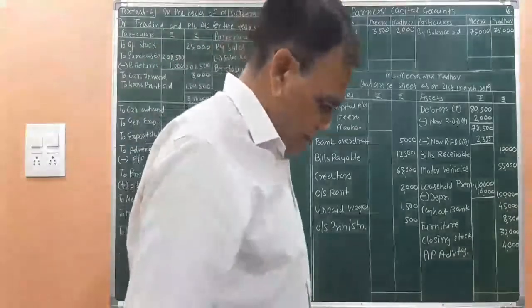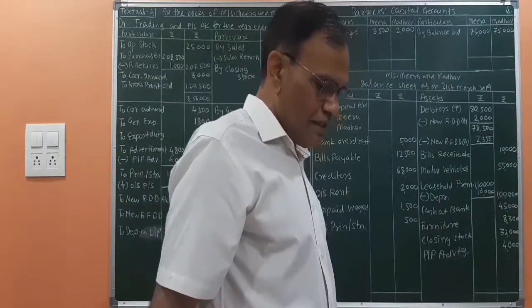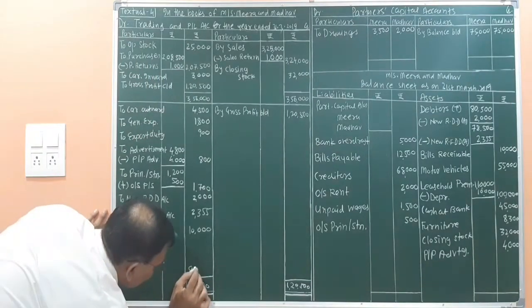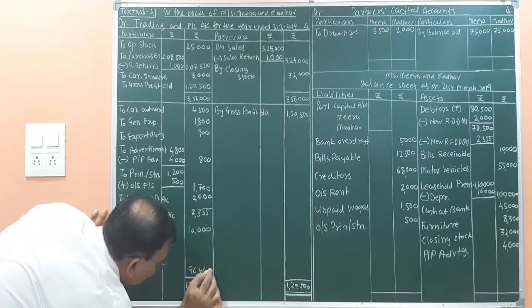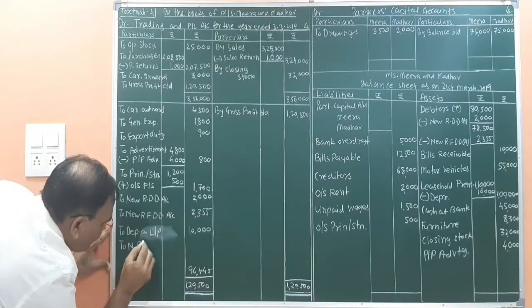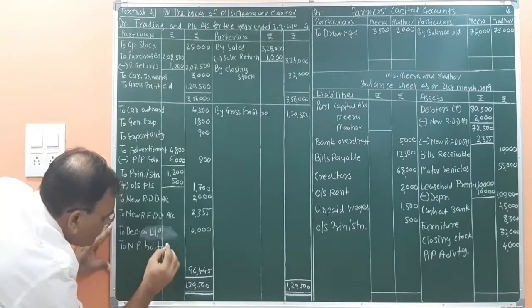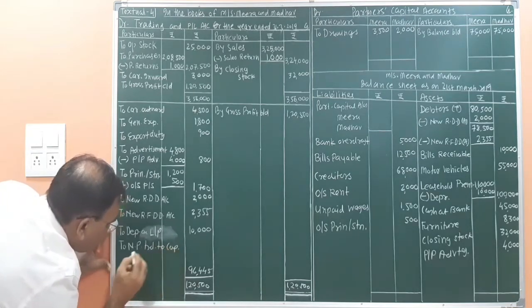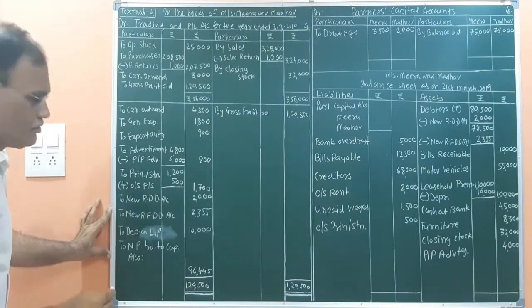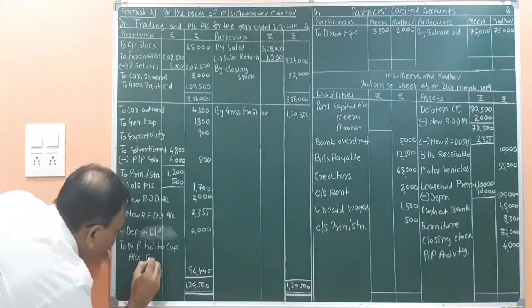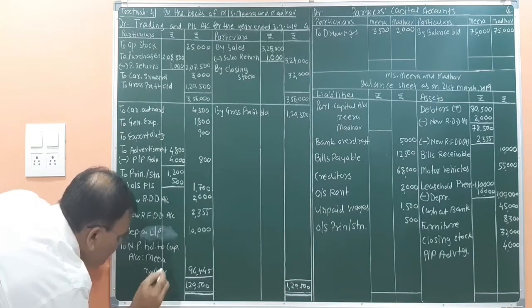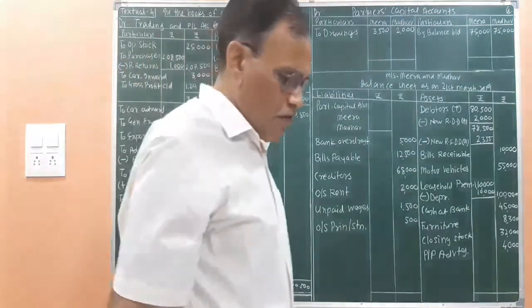Then we'll get a difference of 96,445, net profit transferred to the capital accounts of Meera and Madhav in the equal ratio.